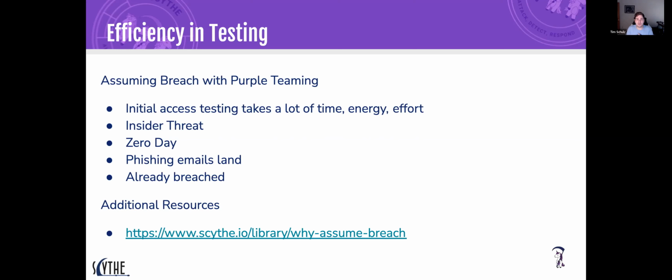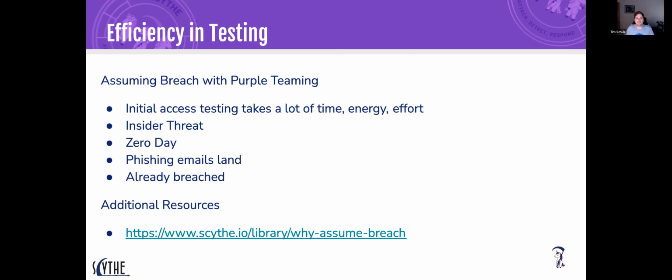There's always insider threats, that kind of thing. And so this eliminates some of that part of it, where you can say, let's assume that in this scenario, there was a 0 day, there was an insider threat. What do our detections look like against those types of threats? And that's where assume breach really pays off.